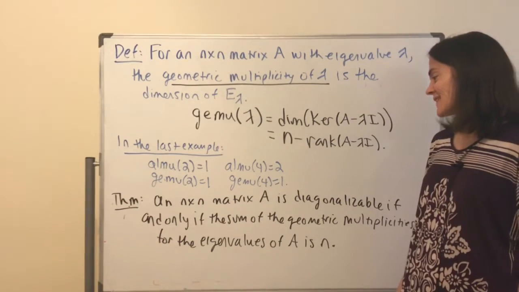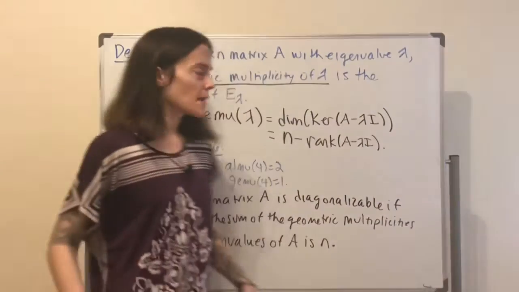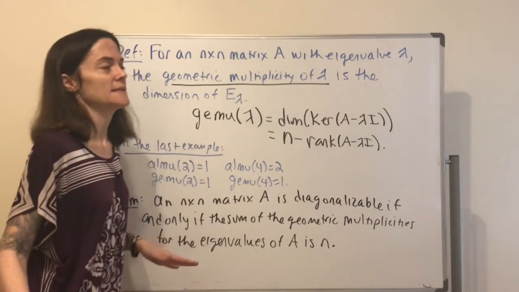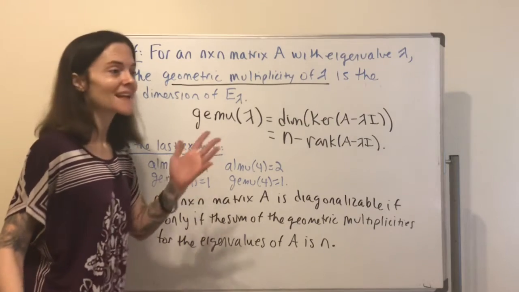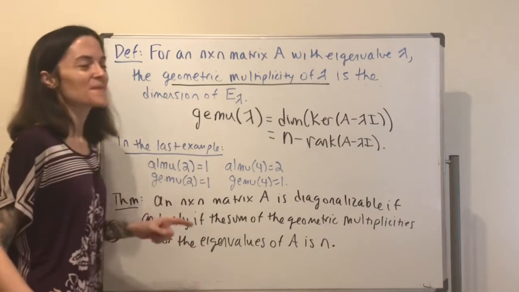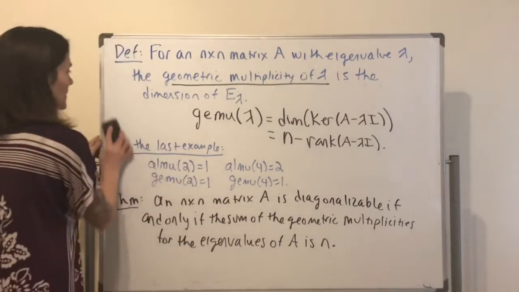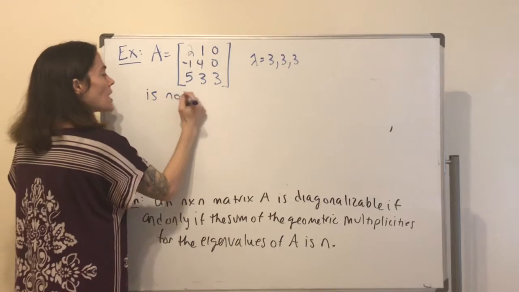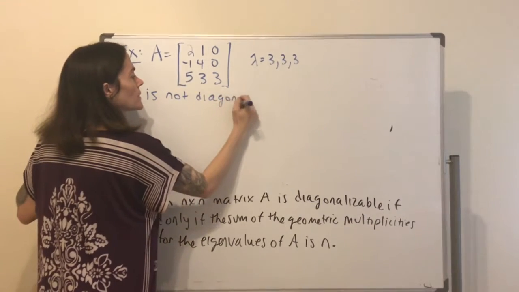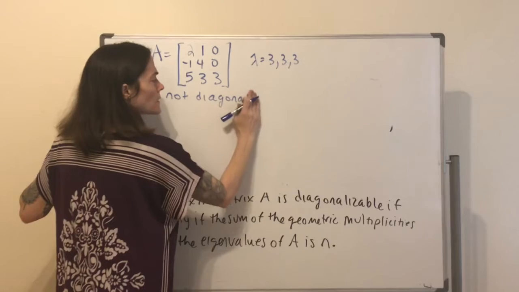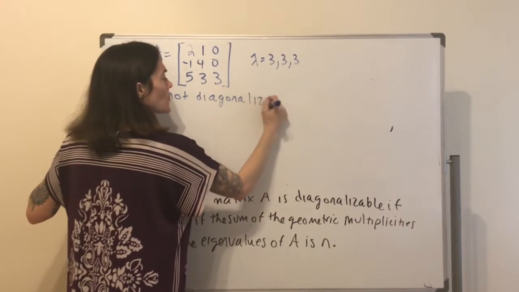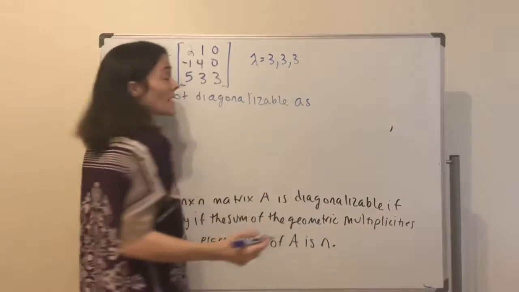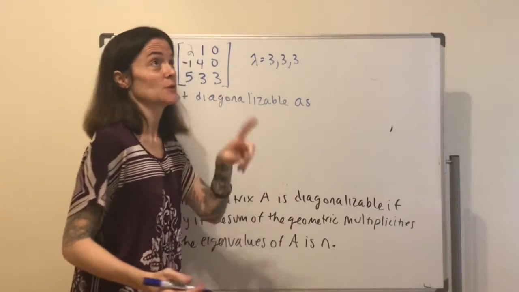Now, one neat thing we get from this is that immediately we can see sometimes that some matrices are not diagonalizable. And one of them comes from what we did yesterday. This matrix is not diagonalizable immediately. Because, well, we have only one eigenvalue, lambda equals 3.